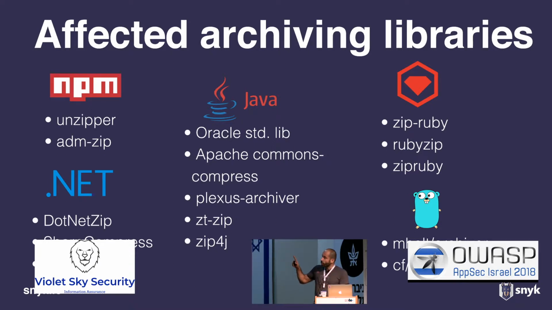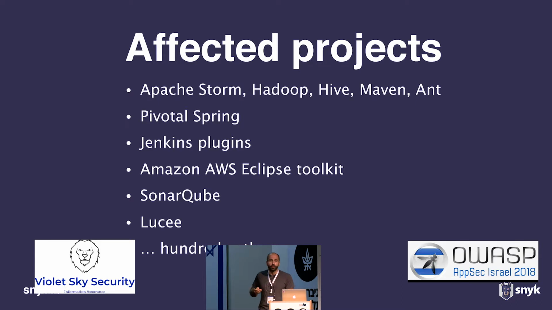And this is just the open source libraries that deal with archive extraction. There were many more affected projects that we found that were just general applications. So we see 5 different Apache products affected, starting from Storm to Ant, Pivotal Spring, Jenkins plugins, Amazon plugins as well, SonarQube, and this is just a partial list.